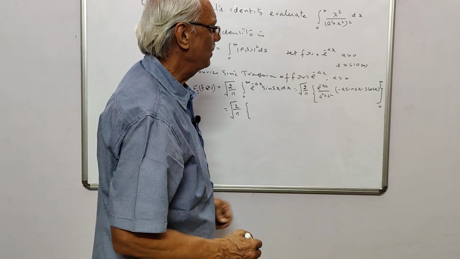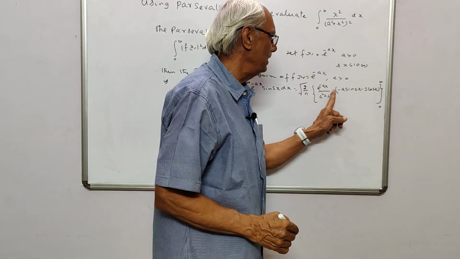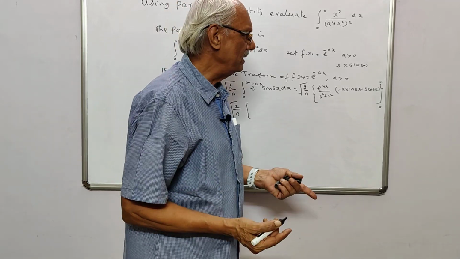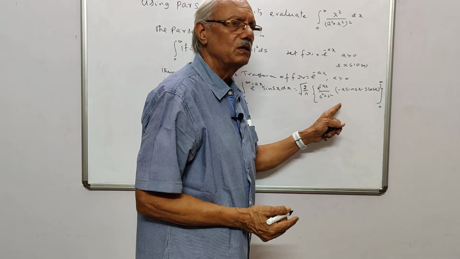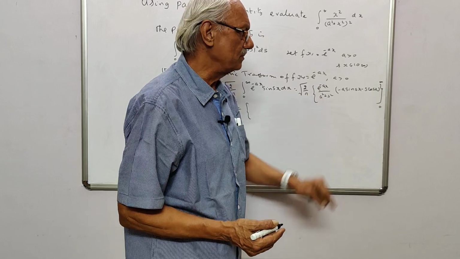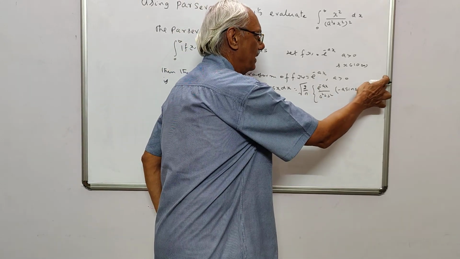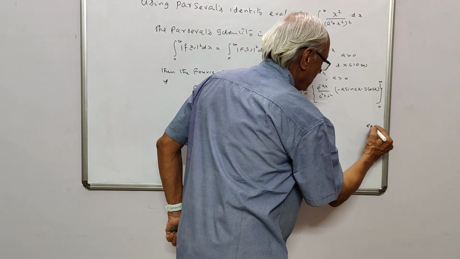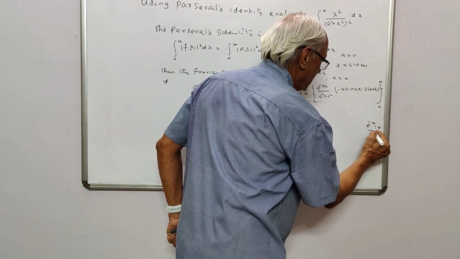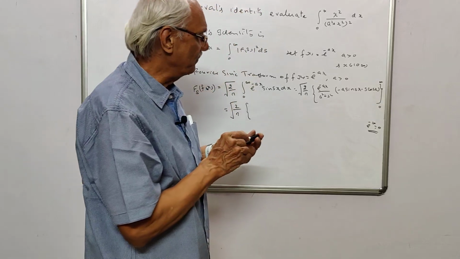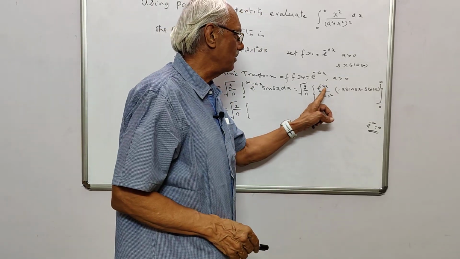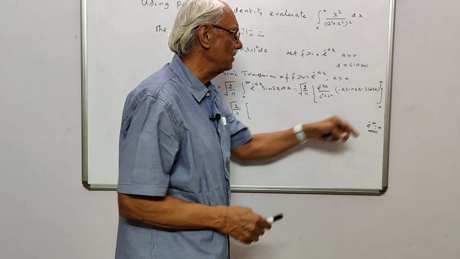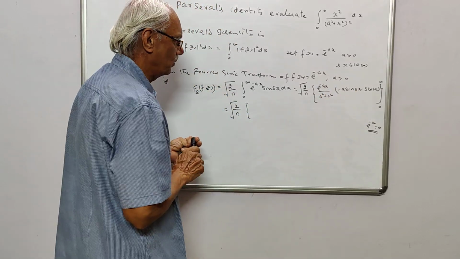Now you have to apply the first limit, infinity, wherever x comes, minus apply the limit 0 wherever x comes. When you apply infinity, e to the power of minus infinity is 0, and 0 into anything is 0, so don't worry about that.